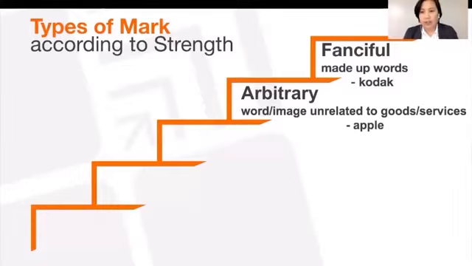You know very well what an apple is. Apple is a fruit. But in this case, Apple is a mark for electronics. So Apple is an example of an arbitrary mark. An arbitrary mark has a dictionary meaning, but whose meaning has nothing to do with the goods or services that the mark is applied for or that is being used for.